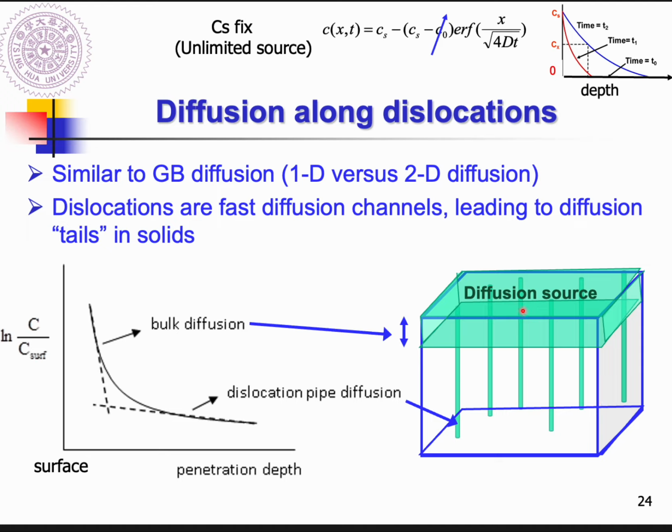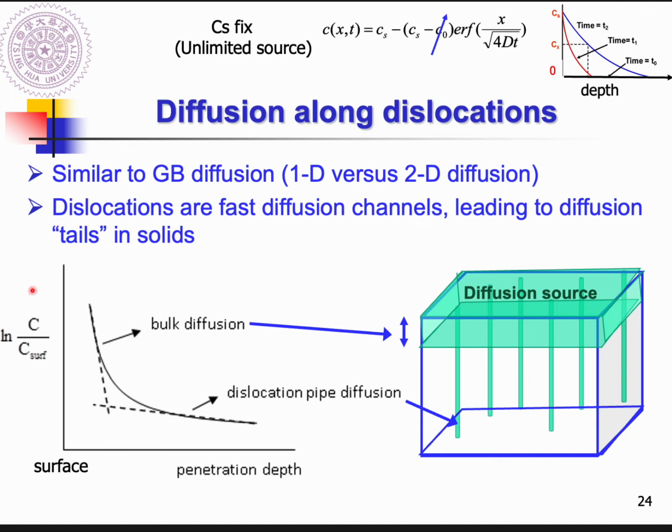When diffusion happens, you can expect that the diffusing atoms can diffuse through the substrate, but because there are some faster diffusion channels on the dislocations, some atoms will diffuse through these dislocations and move faster than inside the grain.